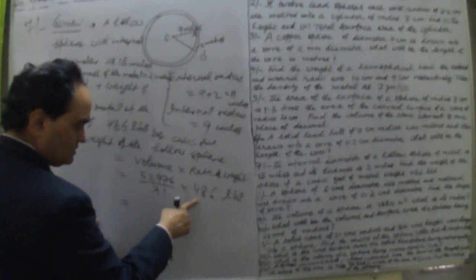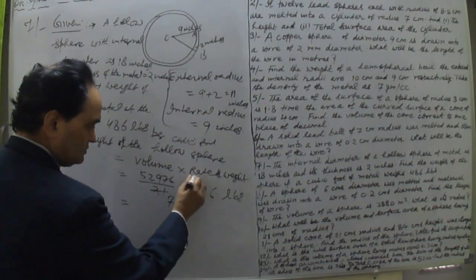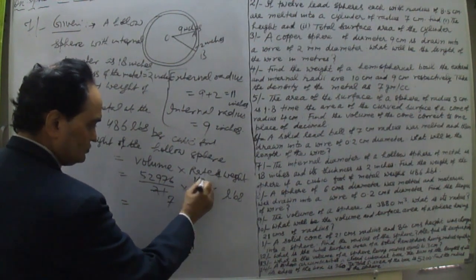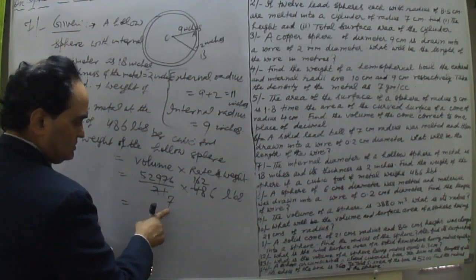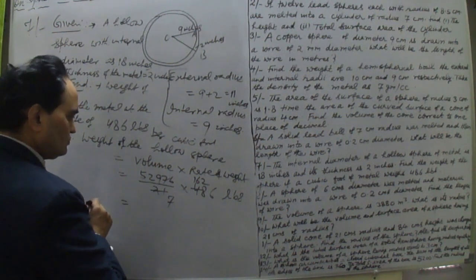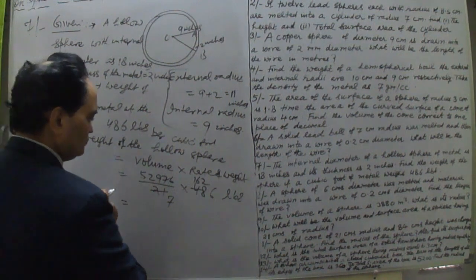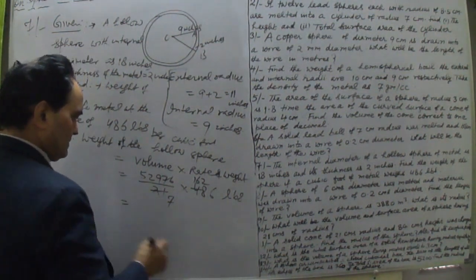So 3 can be cancelled out by 3: 3 7 is 21, 3 1 is 3, 3 6 is 18, 3 2 is 6. Is it divided by 7? 7 2 is 14, no. Let me first multiply by 162, then divide by 7.